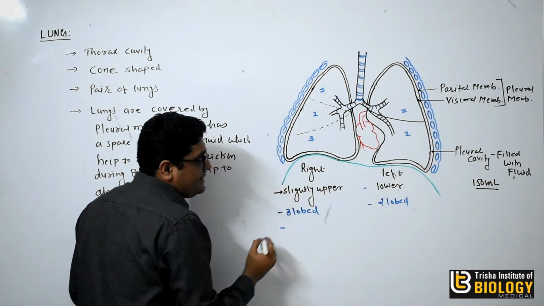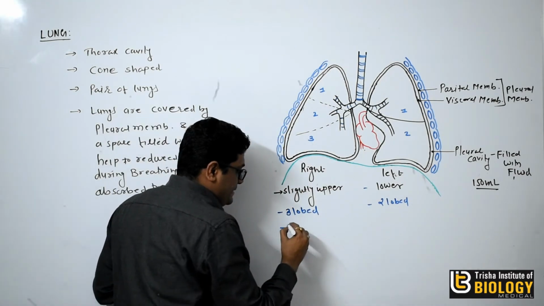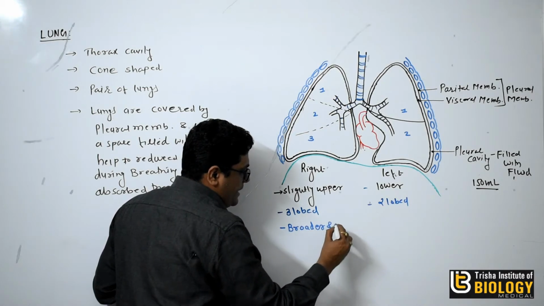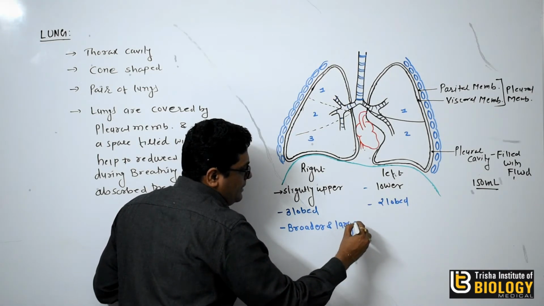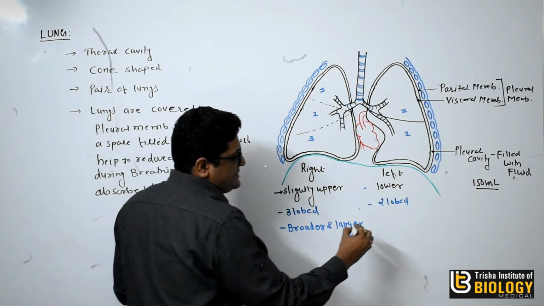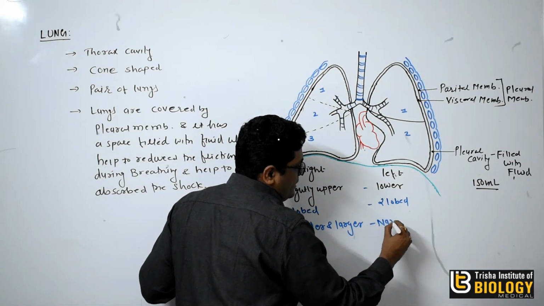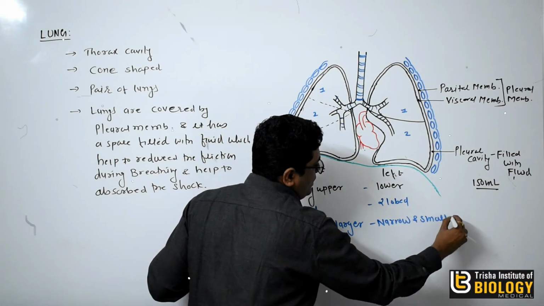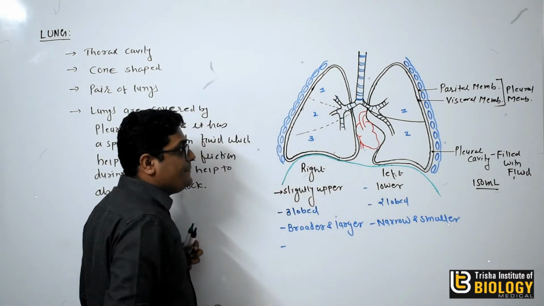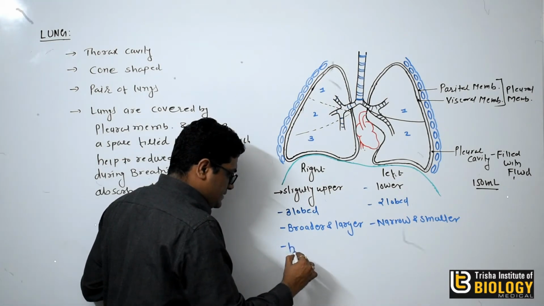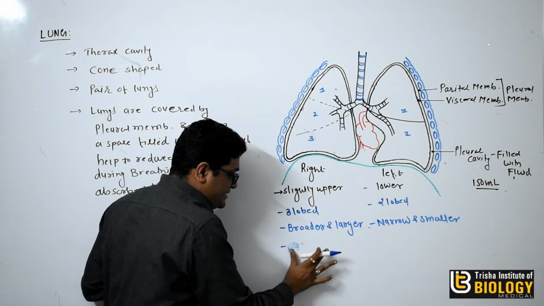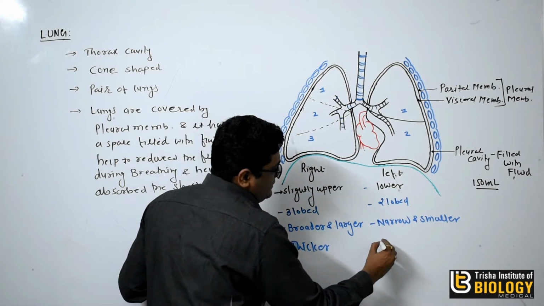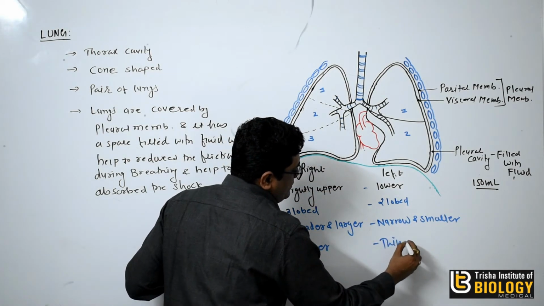The right lung is broader and larger, whereas the left lung is narrow and smaller. The right lung is thicker, whereas the left is thin.